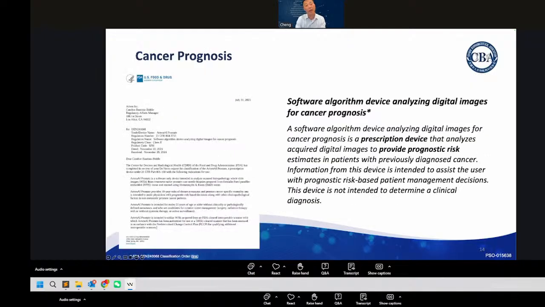And then the next use case is cancer prognosis, which Tong mentioned previously. Basically, this prescription device can provide a prognostic risk estimate, but very importantly, it is in patients with previously diagnosed cancer. In other words, the patient has already been diagnosed with cancer, and this device is to provide a prognosis or prognostic risk for the patient.